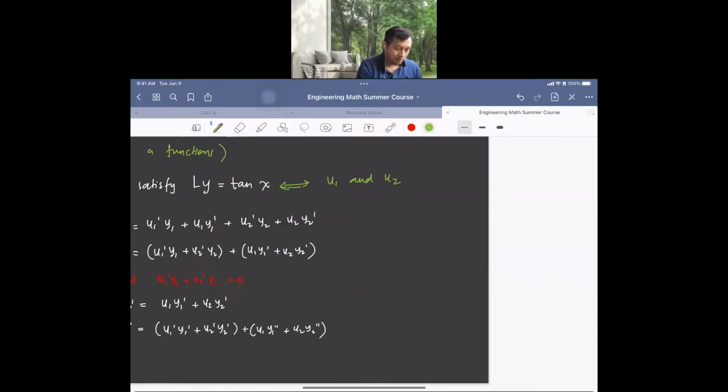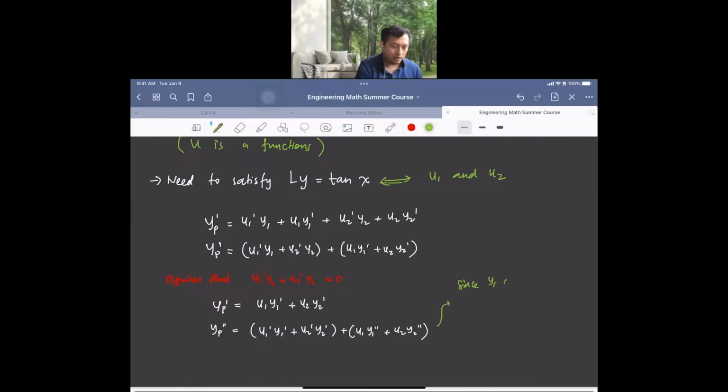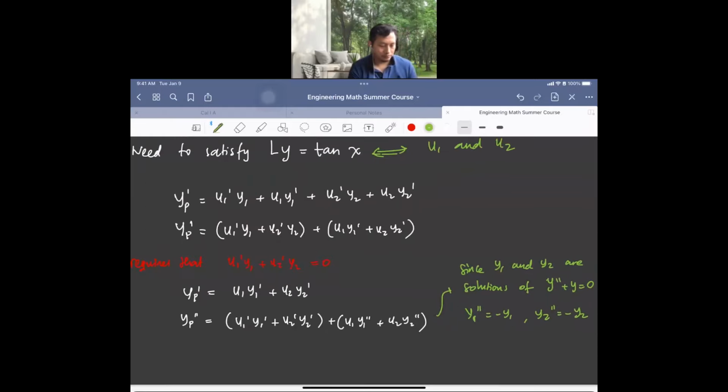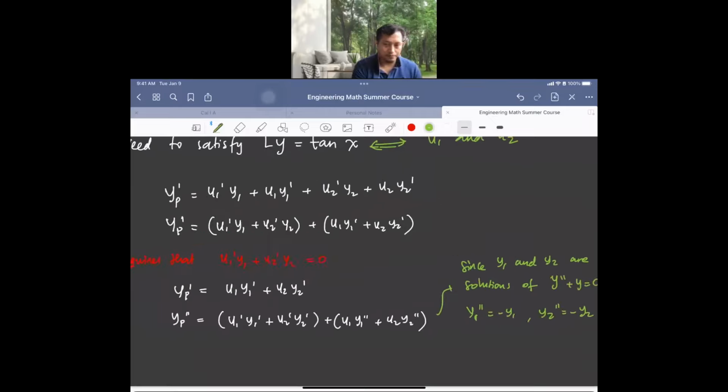Since y1 and y2 are solutions of the homogeneous one, then we find that y1 double prime is negative y1 and y2 double prime is negative y2, to make it 0.